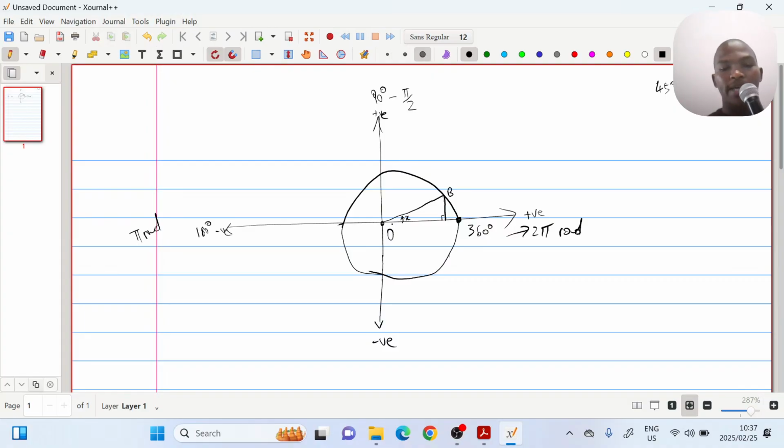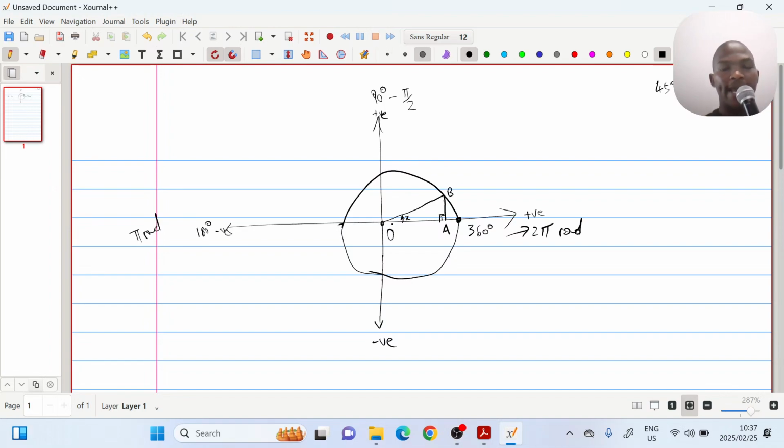Now, what I'm saying, let's say this point is A. We're going to call it A, right? Now, I want us to focus on this triangle. Leave this whole thing as it is. If we focus on this triangle, can you see that this is a right angled triangle? Because there is a 90 degrees. Can you see that this angle X is the angle that is marked in that triangle?